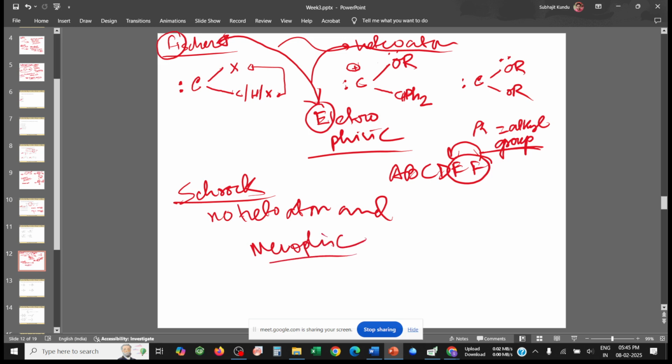So the Fischer carbene is electrophilic in nature, so it will try to bind with the metal atom.